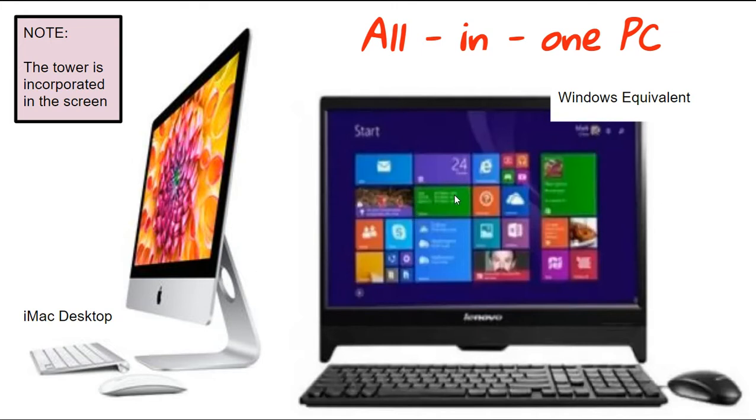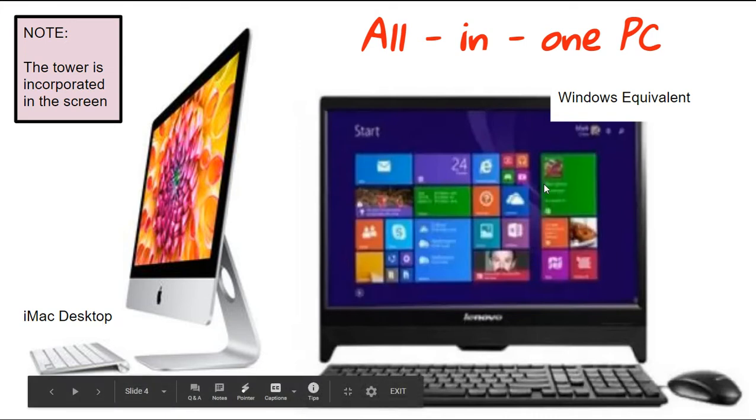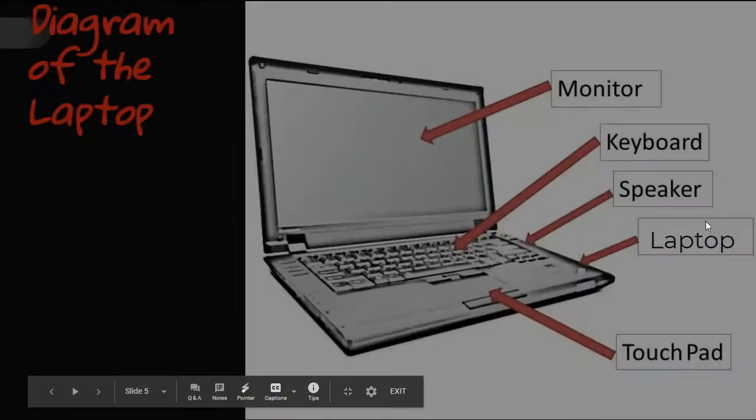It's nice. It takes up a lot less space. But it is very difficult and quite expensive, sometimes impossible, to upgrade. You would generally have to purchase a newer one. So has benefits, has negatives, kind of. This is the Apple version, the iMac desktop, and this is a Windows equivalent by Lenovo, all-in-one PC.